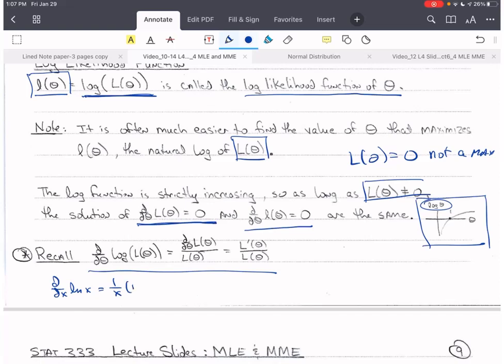And then by the chain rule, I take the derivative of this. So now if I have d d theta of log L of theta, this is going to be 1 over L of theta times d d theta of L of theta. Okay? And it can be rewritten as this. So we take the derivative of L divided by L. It's always going to be this, if you want to remember that.